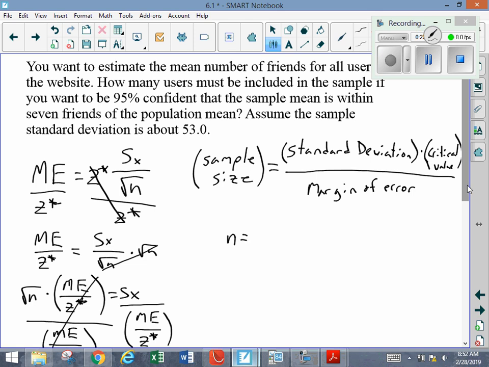So n equals, what is my standard deviation? It is 53 times a critical value for 95.